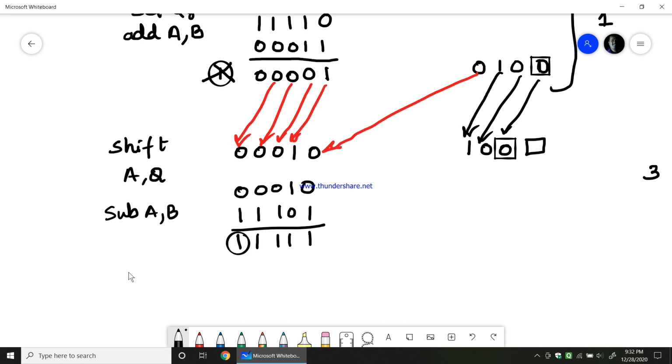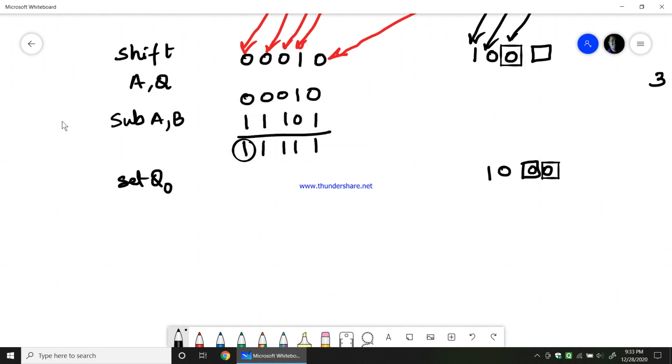Therefore, I am going to set Q0. Now Q0 will be equal to the complement of the sign bit, which is 0. Q becomes 0 0 0 and then 0 and then 1. After setting Q0, I'll add a with b.